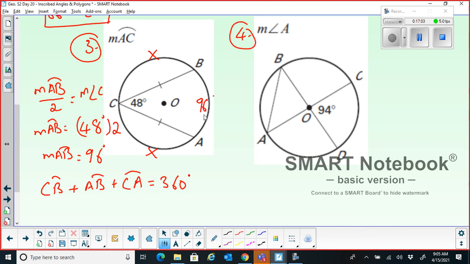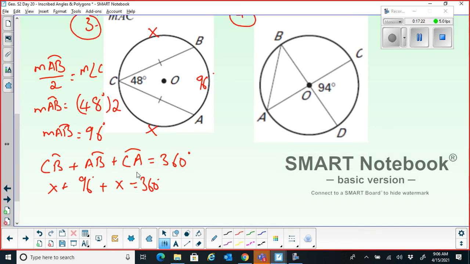So let's substitute here. I had arc CB as x degrees, arc AB which is 96 degrees, and arc CA which is x degrees, equals 360. Simplify to find the value of x here. I'll have 2x plus 96 equals 360 degrees. Subtract 96 from both sides. 360 minus 96 gives us 264.